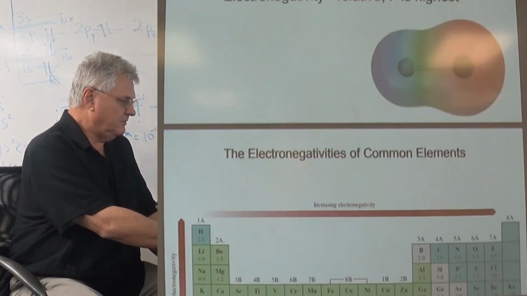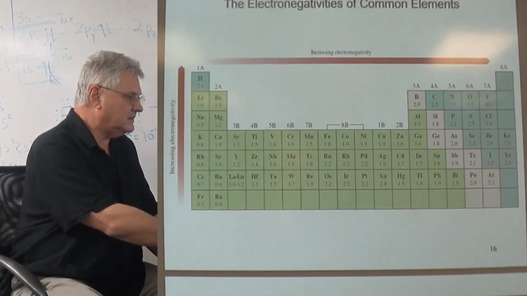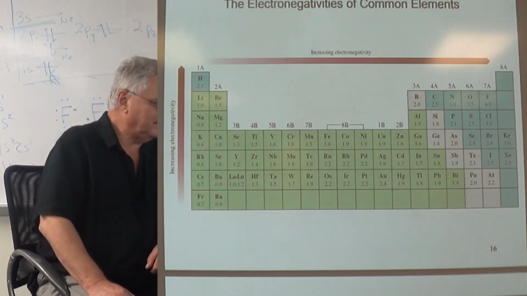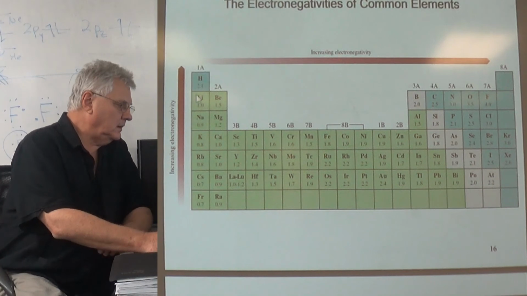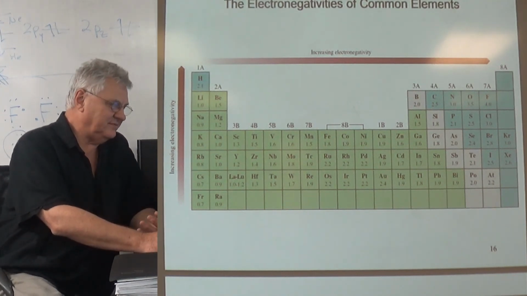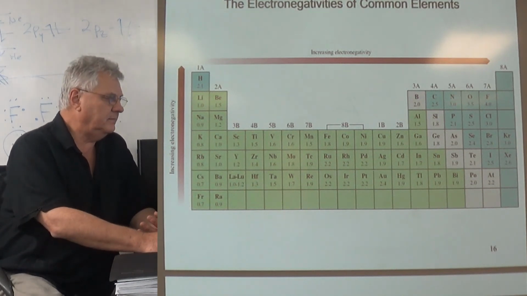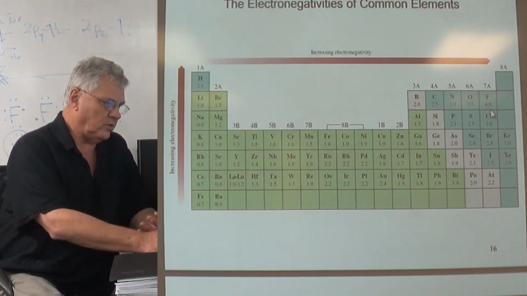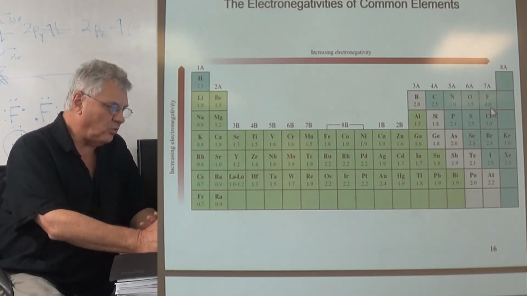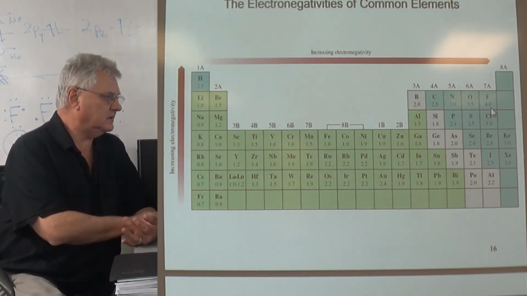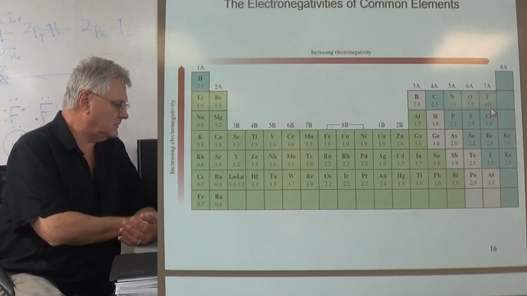But if you look at a periodic table that has electronegativities on it, and again, the electronegativity is a relative phenomenon. You don't see any units here. But you see for fluorine, electronegativity of 4, and it's the largest value of electronegativity on the periodic table.